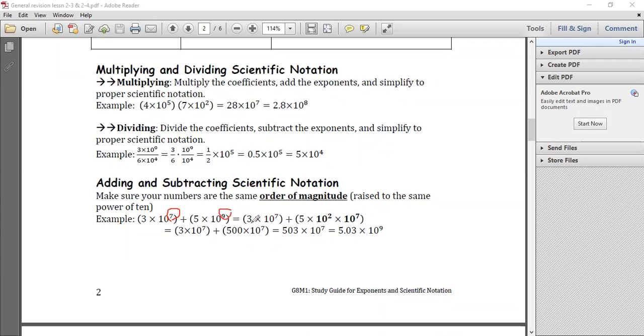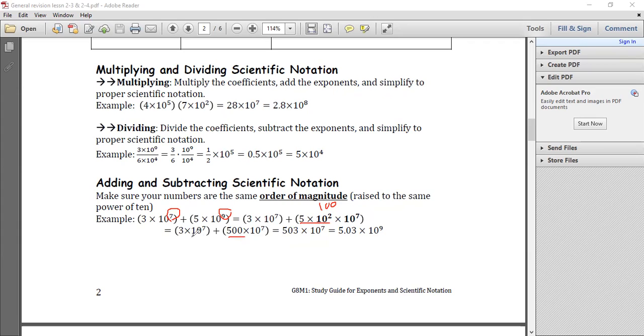So I can divide 10 to the power of 9 into 2 parts: 10 to the power of 2 times 10 to the power of 7. Now I'm going to multiply 5 times 10 to the power of 2. 10 to the power of 2 means what? Means 100. Then 5 times 100 will be 500.